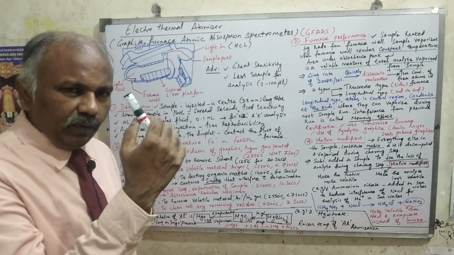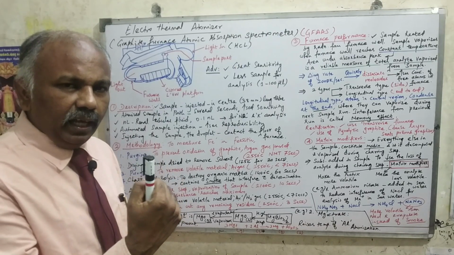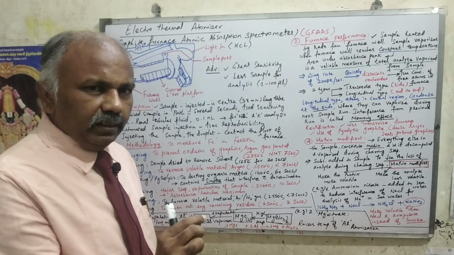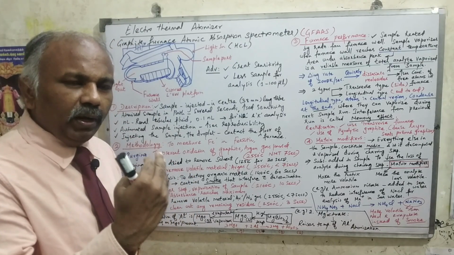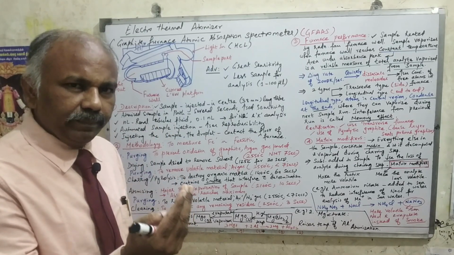Generally there are 4 important steps: drying, charring, atomizing and cleaning. But before every one of these steps, we have to do one important step called purging.